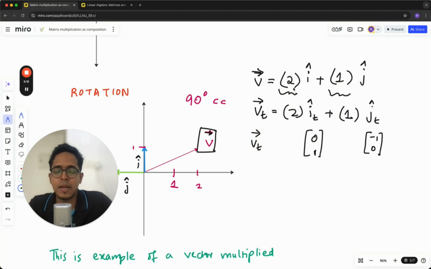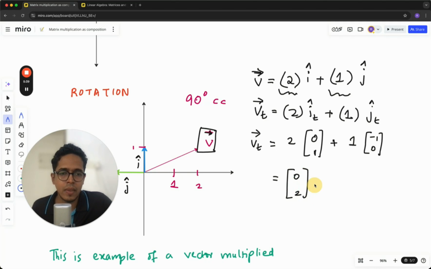Previous scalar multiples were 2 and 1: i was multiplied by 2, j was multiplied by 1. That will remain the same, but this time the scalar multiples scale the transformed i vector and transformed j vector. So 2 times this plus 1 times this new transformed vector. This is nothing but 0, 2 plus -1, 0, and this is nothing but -1, 2.